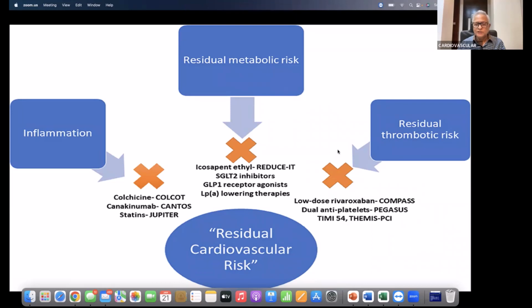Residual metabolic risk in terms of LPA increase, diabetes risk, and triglyceride increase. These are all very important, especially the LPA. We have no good drug till today to control LPA. And another thing is balancing the ischemic and the bleeding risk with the use of antithrombotic agents. And now we have several trials in that respect. I will cover one by one.